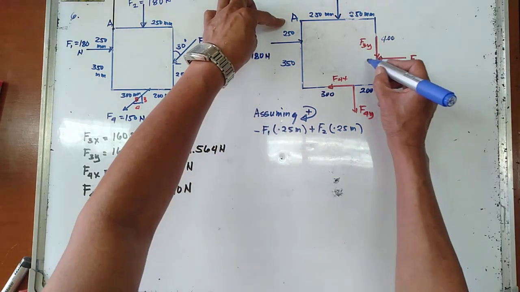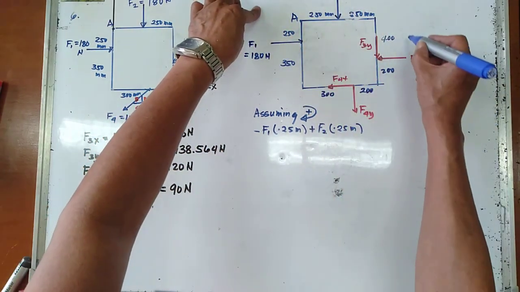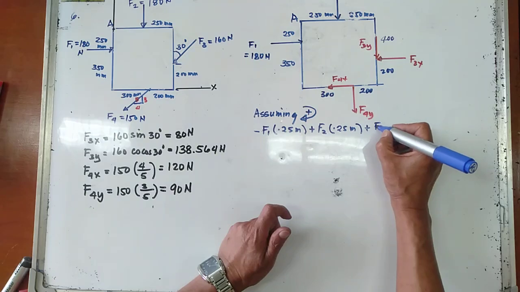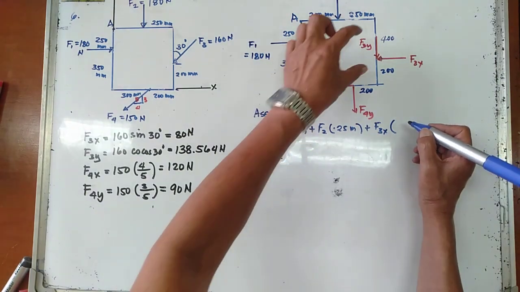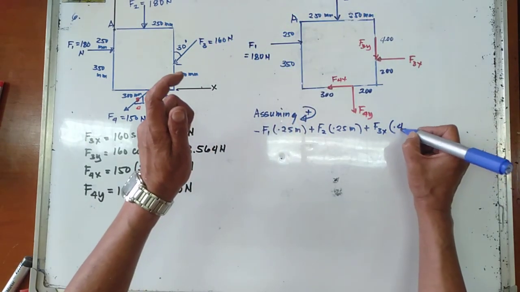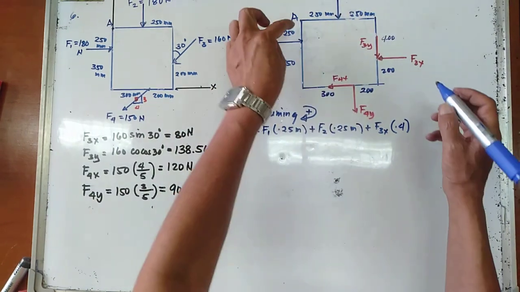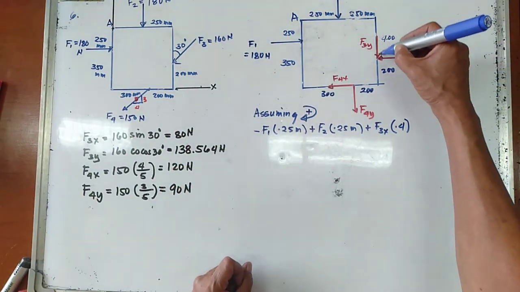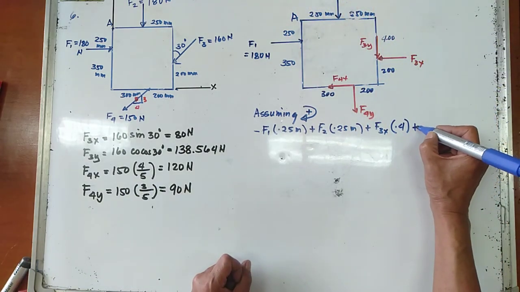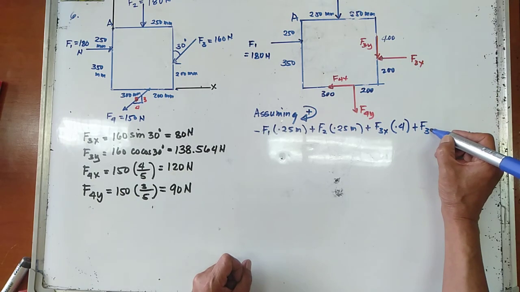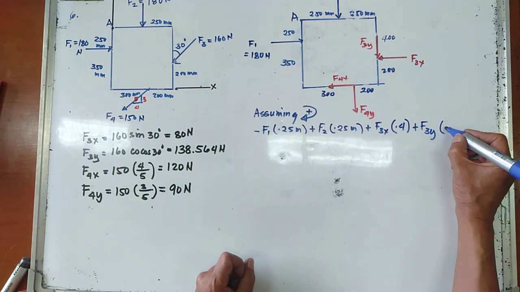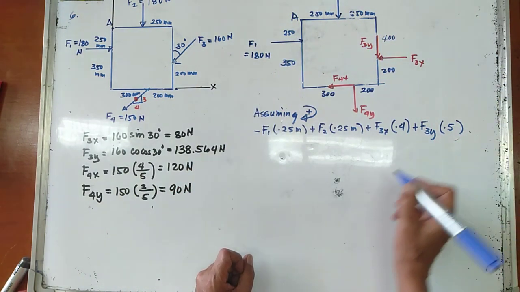F3x is going clockwise about point A, so it is positive F3x, and the moment arm is 400, or that is 0.4 meters. Your F3y is also going clockwise about point A, so it is positive F3y, and the moment arm is 500 mm, or that is 0.5 meters.